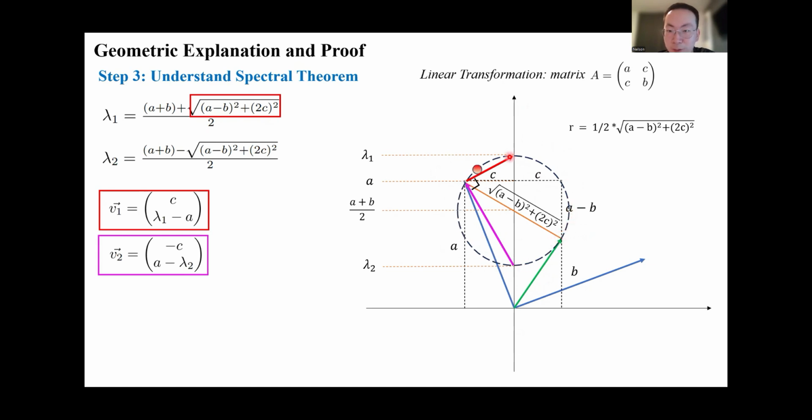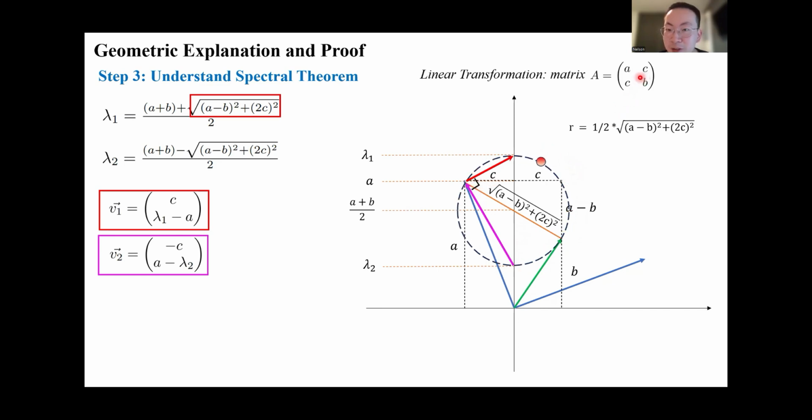But no matter where it moves, this angle is always 90 degrees, because this part is the diameter of the circle and overlaps with the y-axis. So it is the symmetric property that guarantees these orthogonal properties.